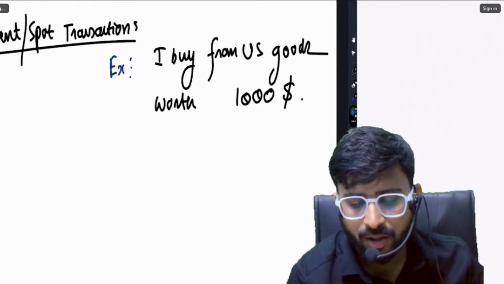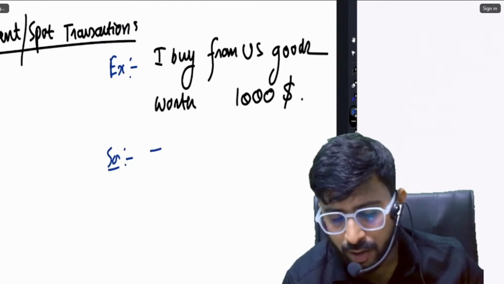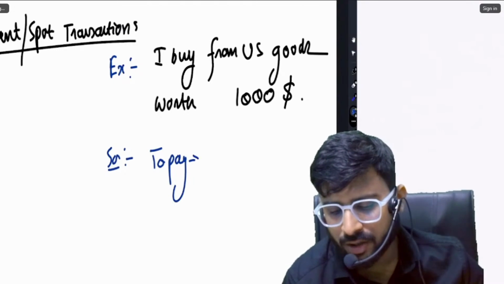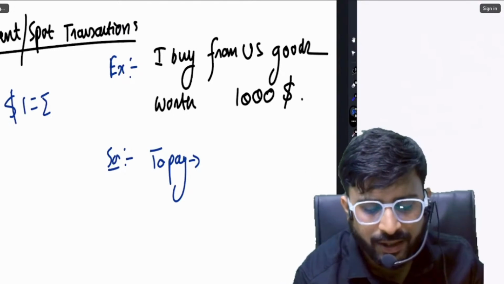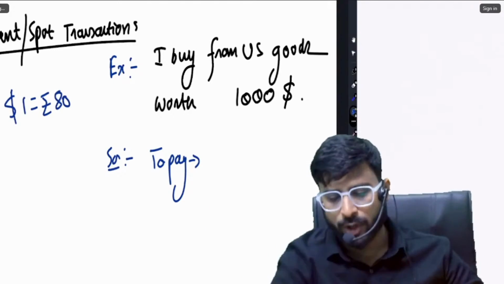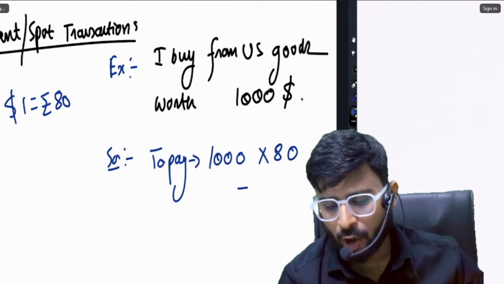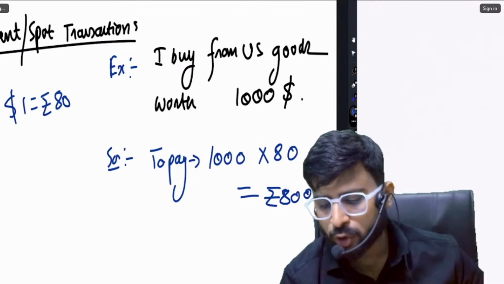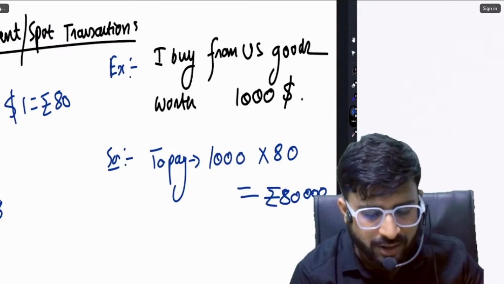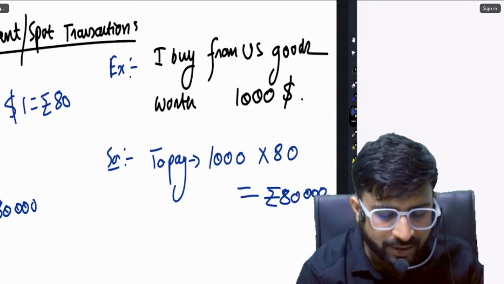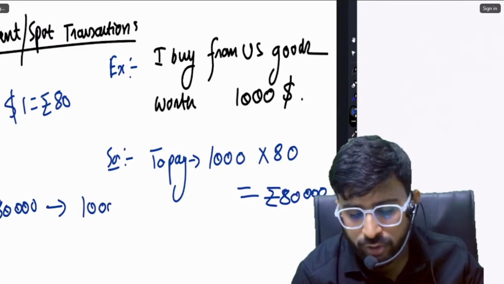Now to pay, for example, $1 is rupees 80. How much will I need today? I will need 1,000 into 80, rupees 80,000. So suppose I go to a bank, I give them 80,000 and in exchange of 80,000, I get $1,000.